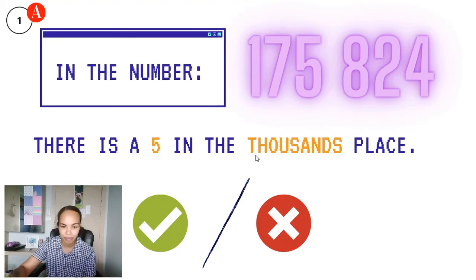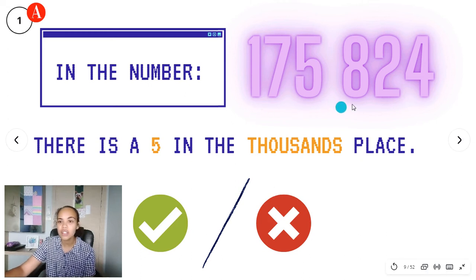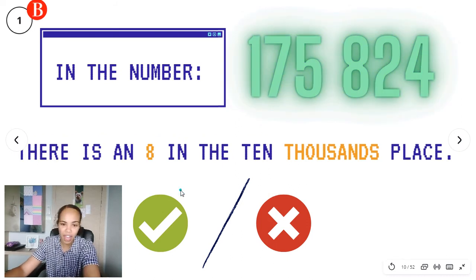Let's see. So, this is my number over here, 175,824. Okay, is there a 5 in the thousands? Where's the thousands? We know that's the 1,000. Yes or no? Yes. Next question. Same number, just change the color to confuse you. 8 in the 10,000s place.